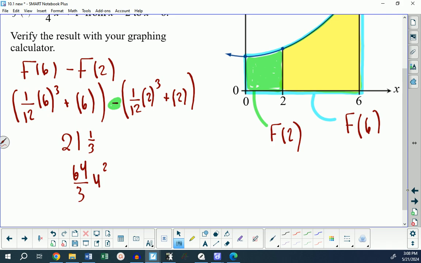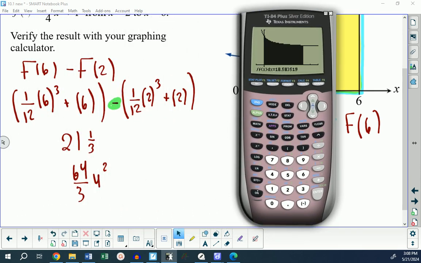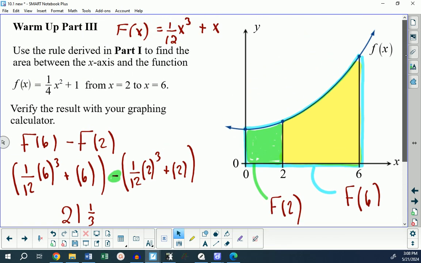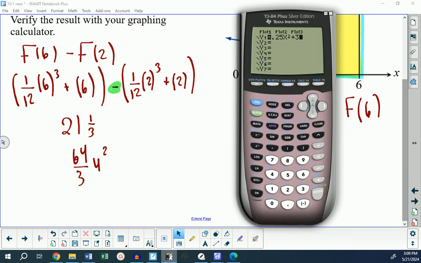So now let's see if that's right. I'm going to put in a function which was 1/4 x squared, 0.25 x squared plus, was it plus 1? Let me make sure. Yep. Plus 1.